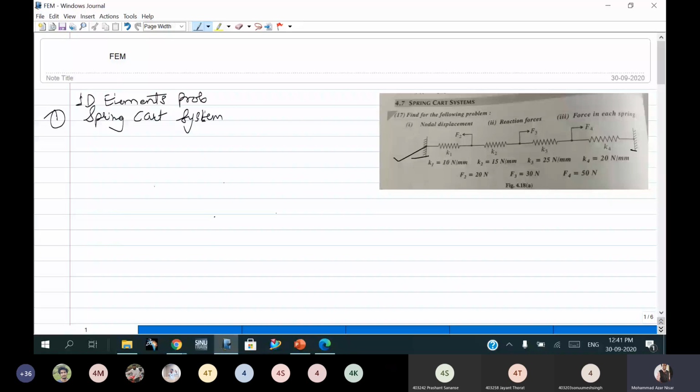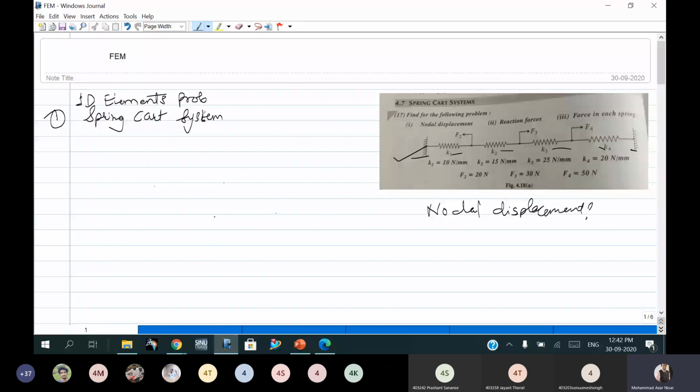They have asked you to find the nodal displacement. Nodal displacement means, when this condition is there, what will be the effect over these springs, what will be the displacement. Sometimes they will just tell you to solve this problem.